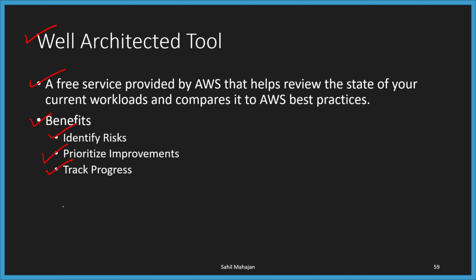And the tool will also help you track your progress. Again, if you have 10 issues, 3 are high priority, you fix 2 of them, and you still have 1 high priority left and 7 others, it will track that progress: okay, out of those 10, you have fixed 2 of them, that's good. You still have 1 high-risk item left that you need to do. So the Well-Architected Tool is really powerful and really awesome.